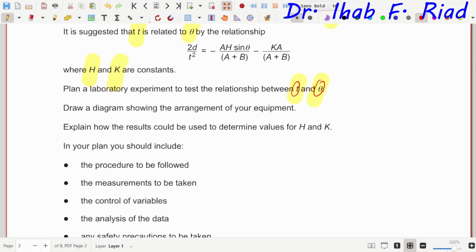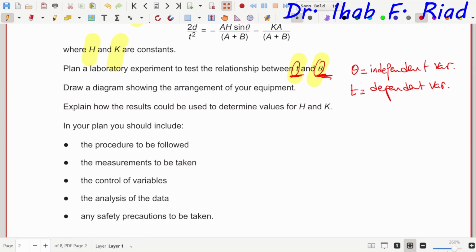From here we can vary theta and measure the corresponding time it takes to fall the distance d. Then we can see that theta is the independent variable, T is the dependent variable.